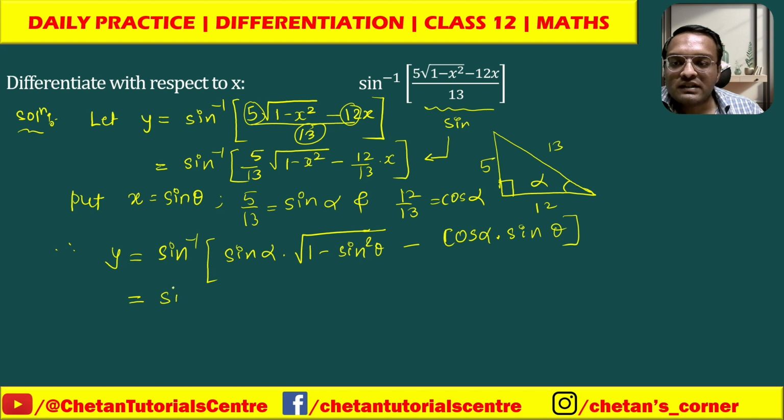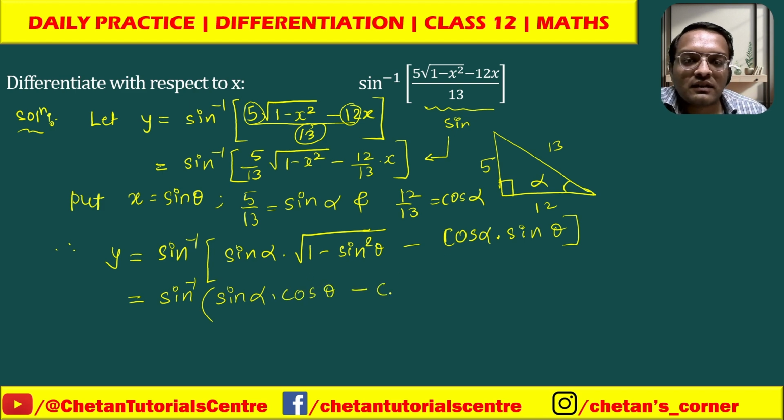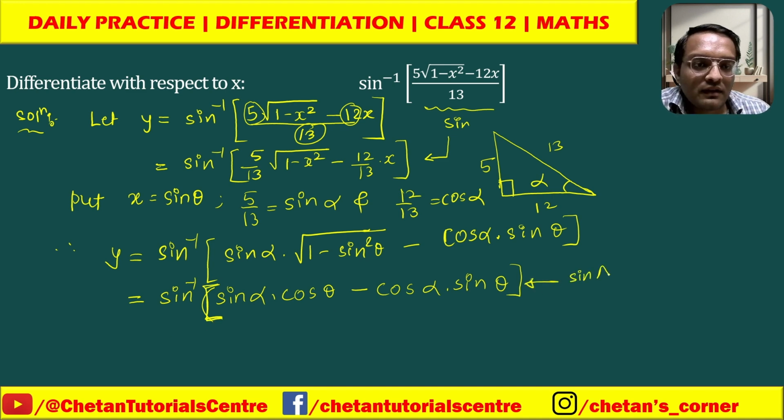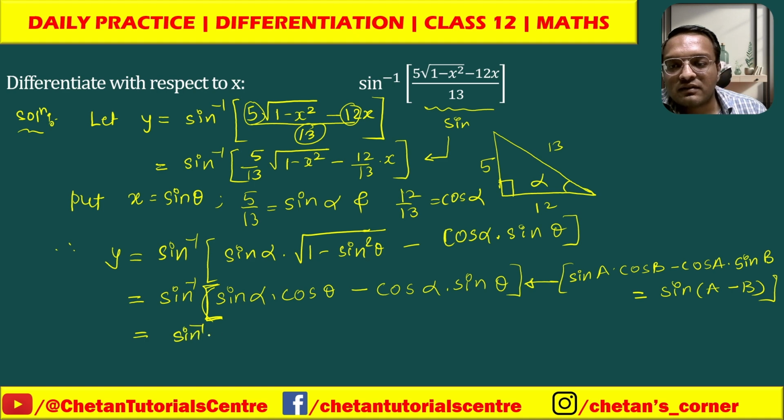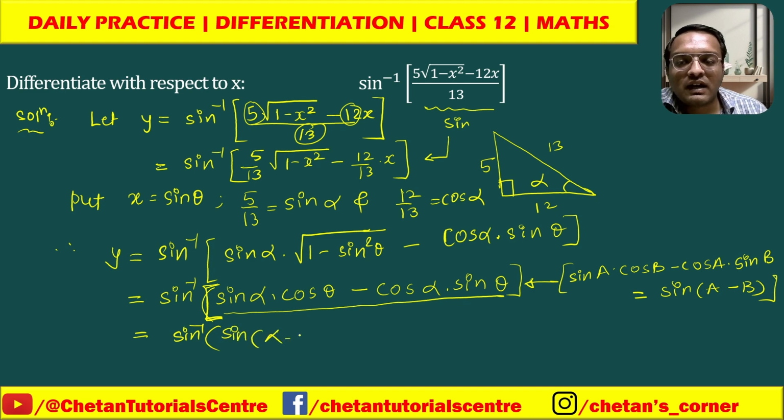Therefore I will simplify this further. Sine inverse of sine alpha. Now this 1 minus sine square theta is cos square theta, and under root of cos square theta is cos theta, minus cos alpha into sine theta. Now this is in the form of sin A into cos B minus cos A into sin B, which is equal to sin of A minus B. Therefore, sine inverse of this entire term, which is the expanded form of sin of alpha minus theta.